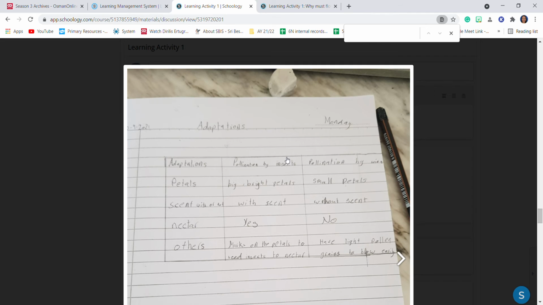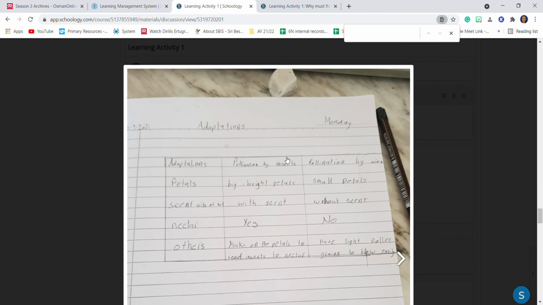Because they need to attract insects, or we call them pollinators, in order to carry the pollen from the anther to the stigma. Whereas flowers that are pollinated by wind don't need big petals. They only need small petals and dull colors. Why? Because small petals help the flowers to be easily carried away by the wind. If it's a big petal, the wind will not be able to blow it away.